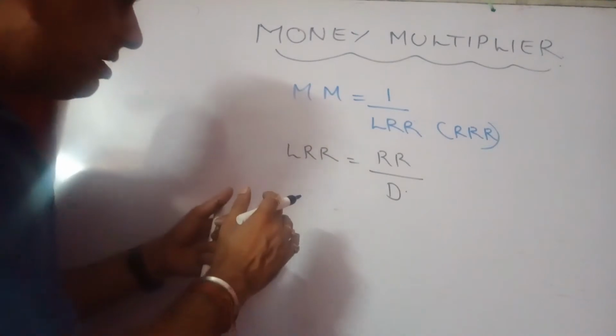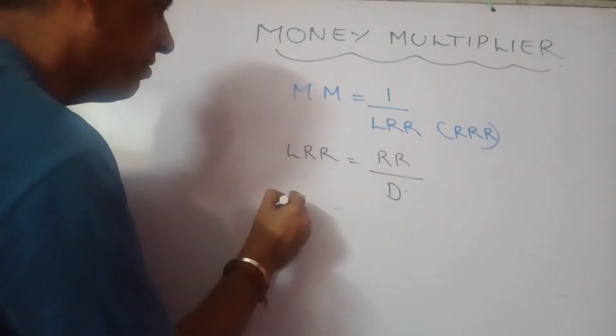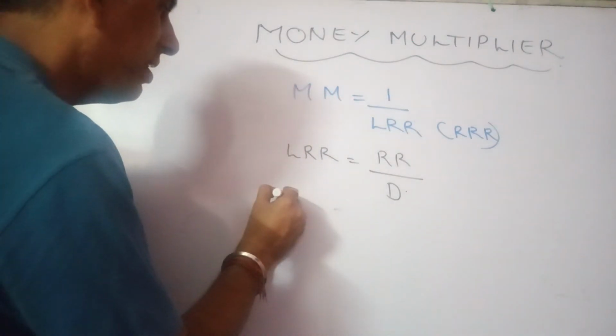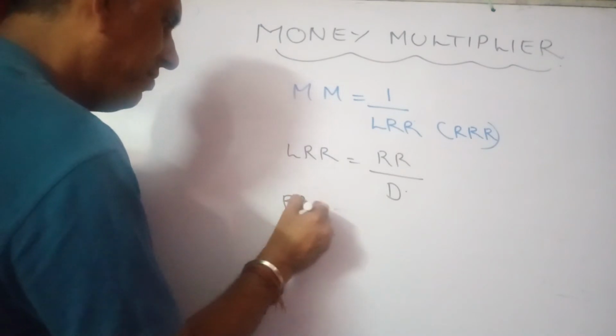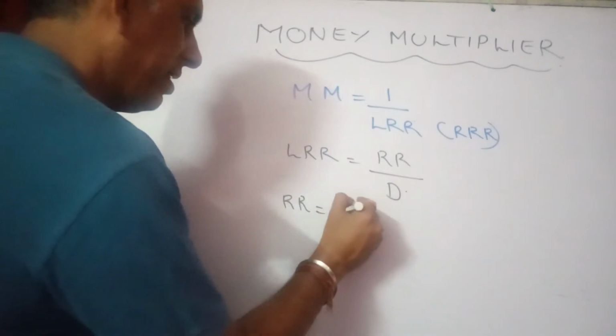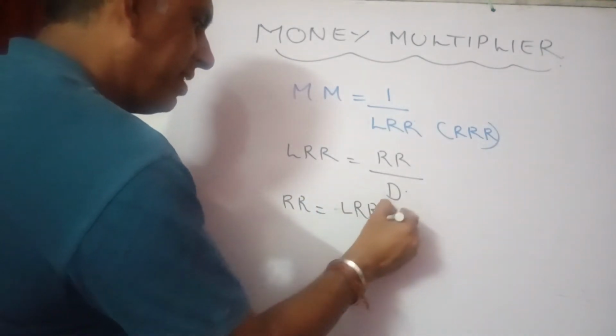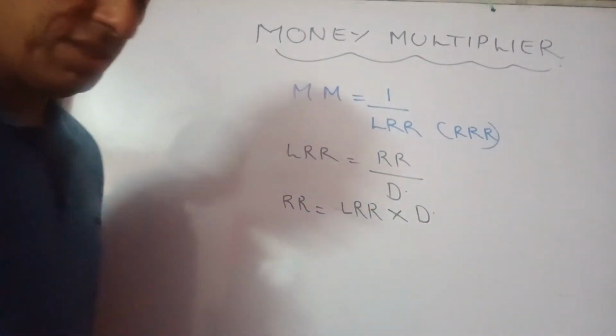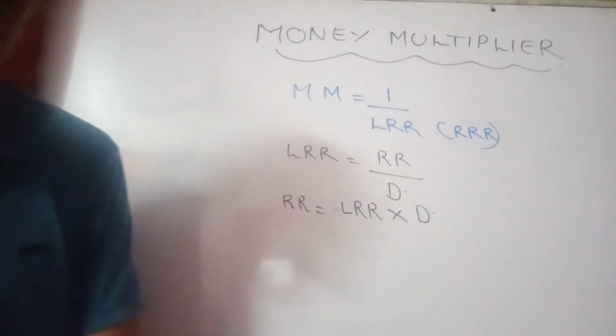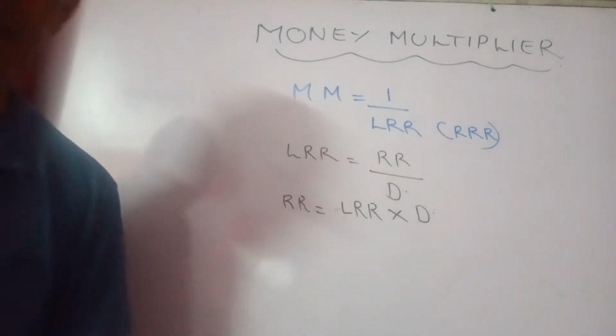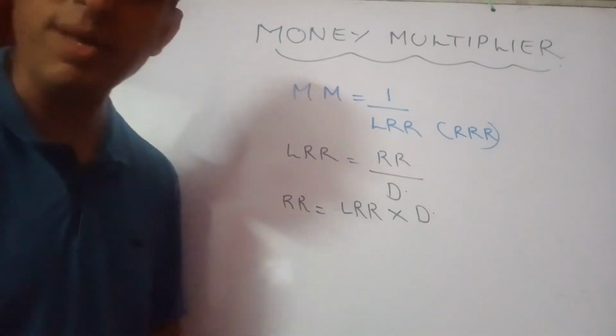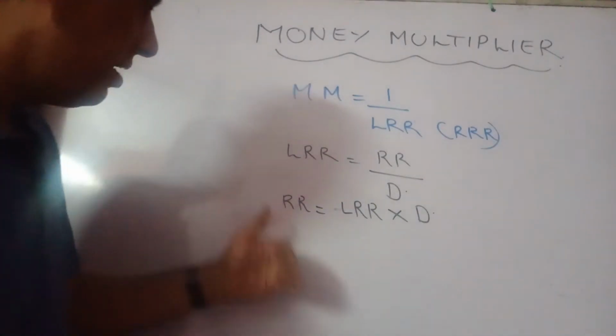Now, transposing it, we can have the value as required reserve as the product of LRR with deposits, right? LRR can be expressed in percentages or points, whichever way you want to.